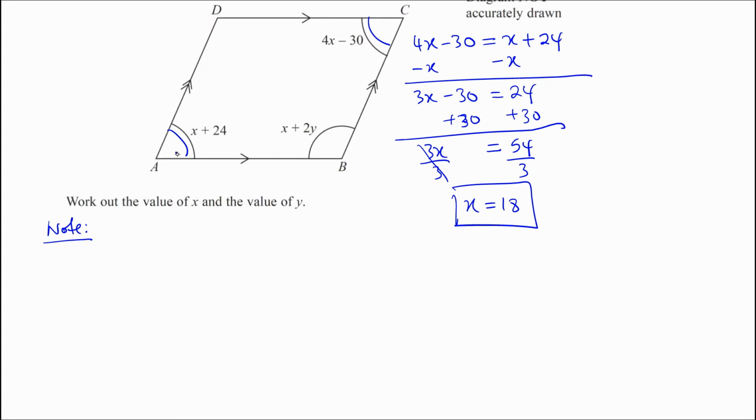So this angle here plus this angle here are called co-interior angles, because of the parallel lines. Now, co-interior angles, these ones add to give 180 degrees.